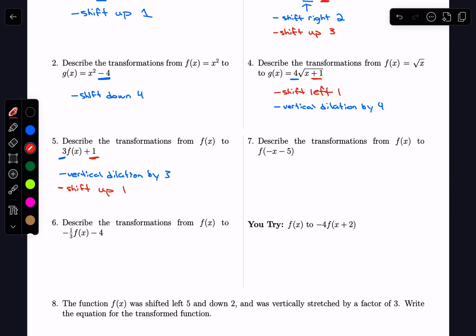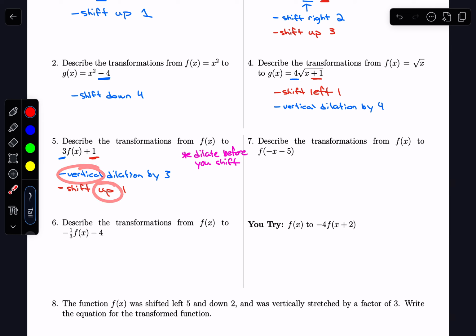So dilate before you shift. But that only has to be true if they're both vertical or both horizontal things. So you dilate before you shift in this case because it's a vertical dilation and it's a vertical shift up. So the dilation comes first.